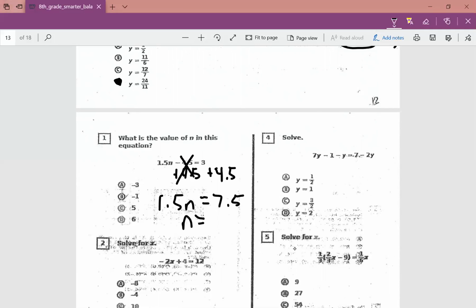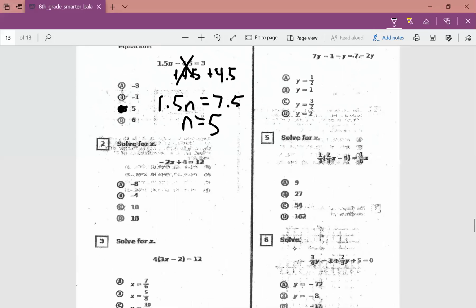Divide by 1.5. n equals 5. One little trick when dividing decimals: remember, if you move the decimal one place value, you can move the decimal of the other. That's how you divide decimals. So 7.5 divided by 1.5 becomes 75 divided by 15, and that is much easier to do.